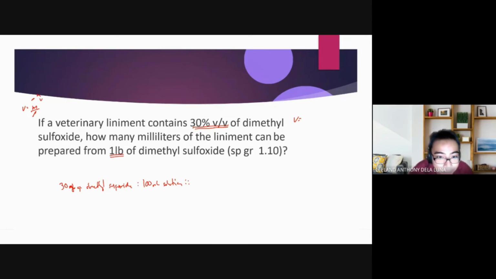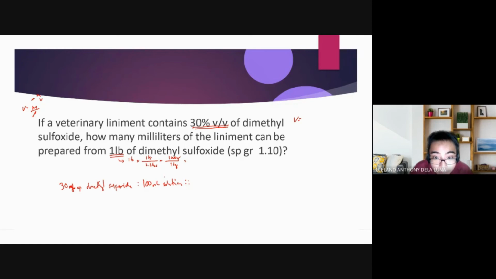So 1 pound, sabi nga natin, 1 kilogram is 2.2 pounds. Tapos 1 kilogram is 1,000 grams. Kasi kailangan ko siya in grams. Okay? So 1 divided by 2.2 times 1,000.